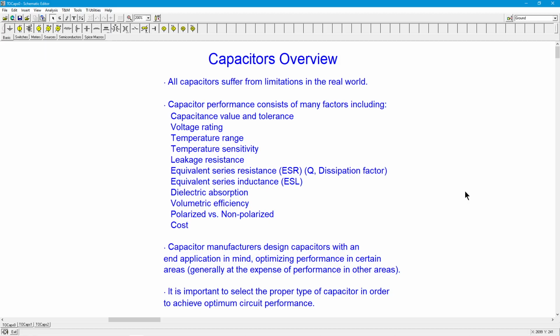Dielectric absorption is a characteristic of the dielectric to sort of rebound. And here's what can happen. You could discharge a capacitor, bring it down to 0, and then unhook it from the circuit, right? In other words, there's no more source on it.